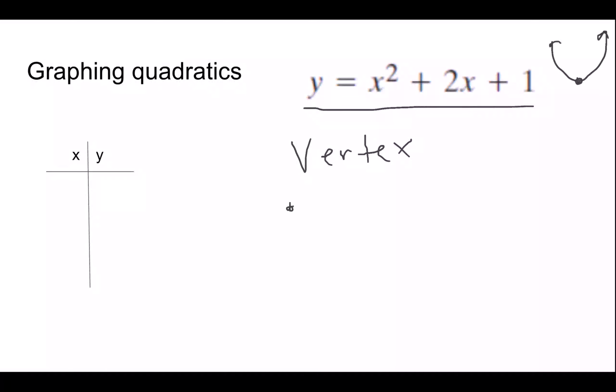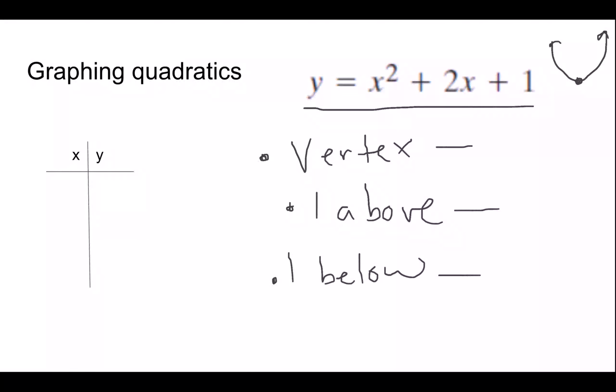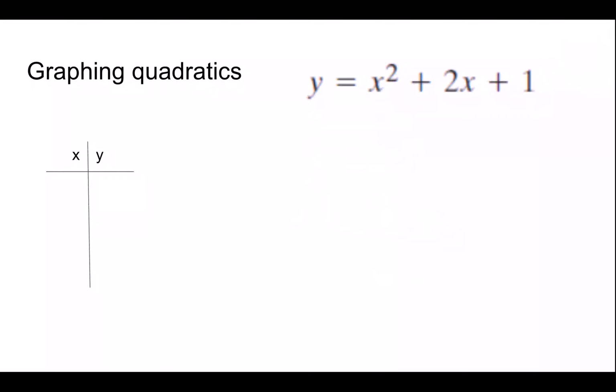The other 2 points we're going to end up picking is one above and one below. Those are the 3 points we're going to pick. We're going to pick the vertex, we're going to pick 1 point above and 1 point below. So let's try to find the vertex.